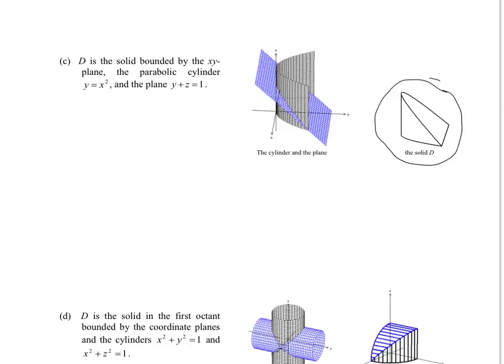So this is what our solid winds up looking like. And if I were to place an arbitrary point somewhere inside of that solid, I think I would be perfectly happy allowing that point to move upward and downward in the z direction, because if it does so, it's clearly going to hit the xy plane as it travels downward, and it's clearly going to hit the plane y plus z equals 1 as it moves upward.